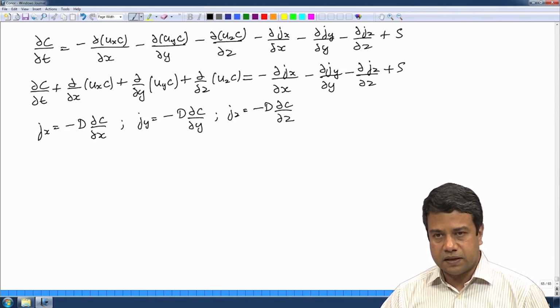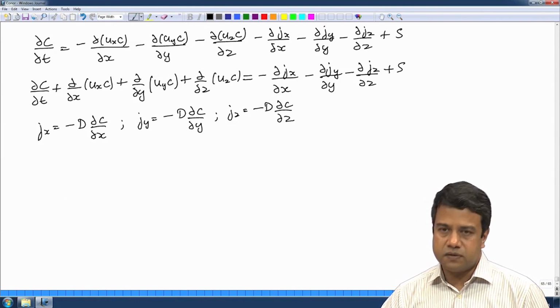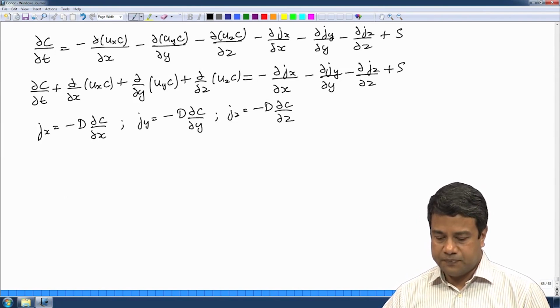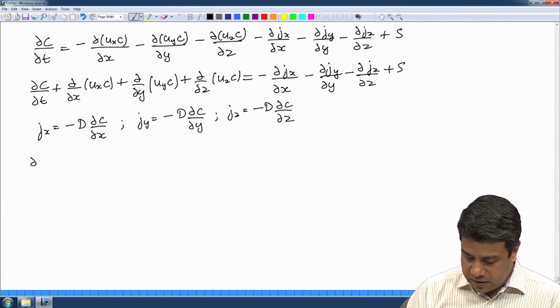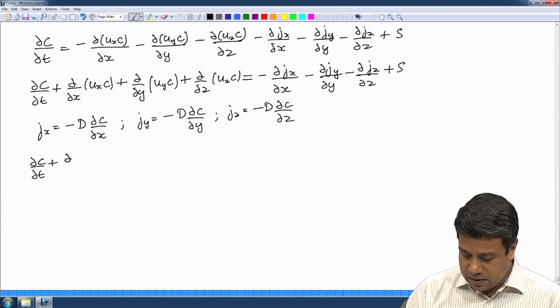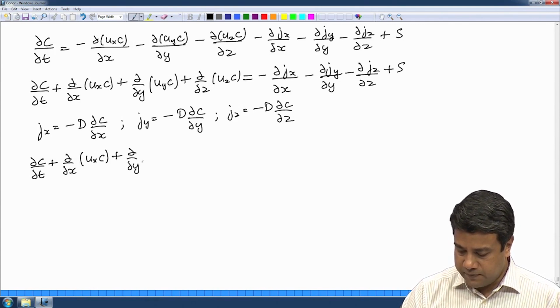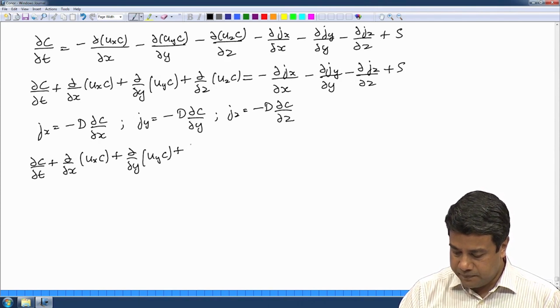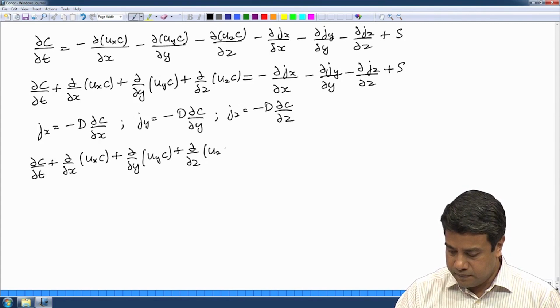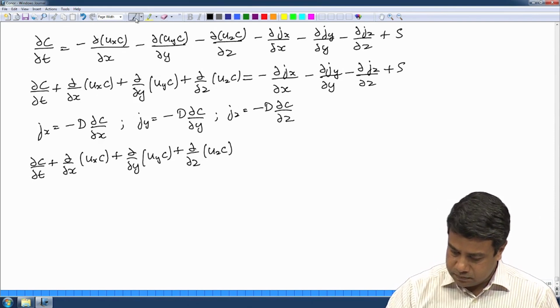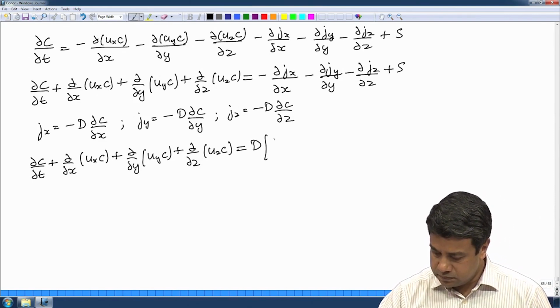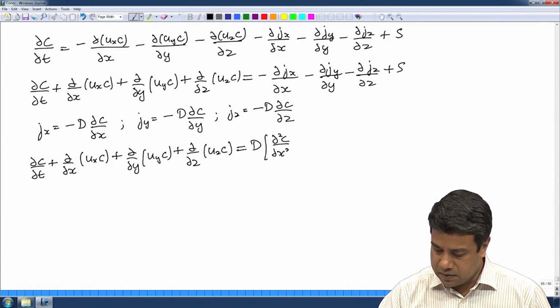And so, if I substitute this into the conservation equation and consider that the diffusion coefficient does not depend upon position, the equation that I get will be of the form partial c by partial t plus d by dx of uxc plus d by dy of uyc is equal to d square c by dx square.